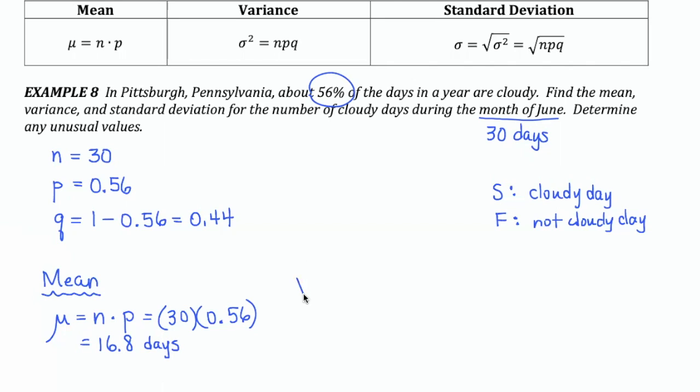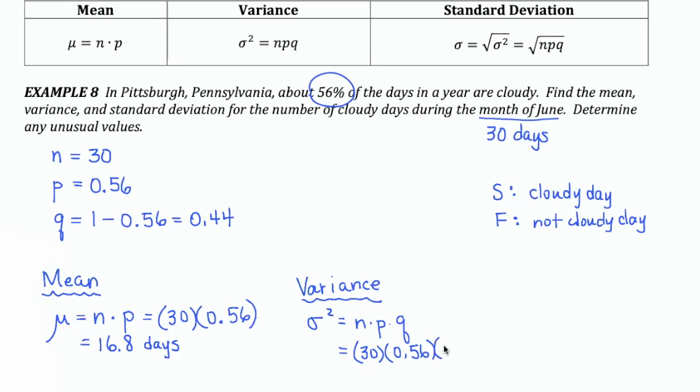All right, let's calculate the variance. The formula up above tells us exactly what to do to find the variance. Take N times P times Q. So I'm going to multiply 30 times 0.56, which I already did in the last example, by the way.